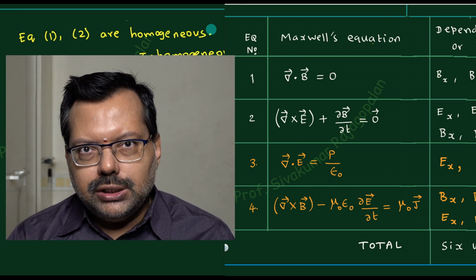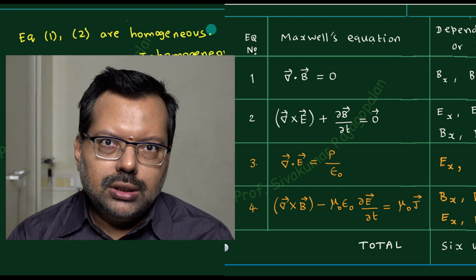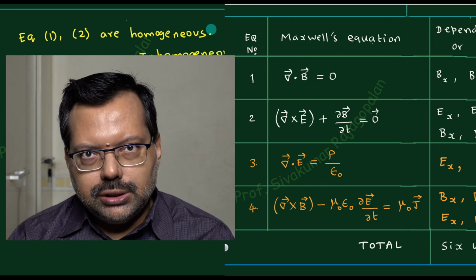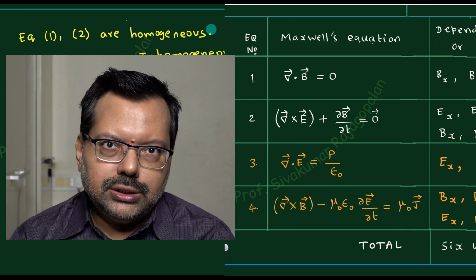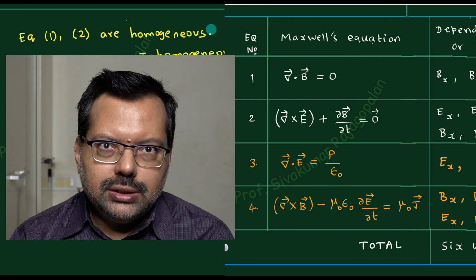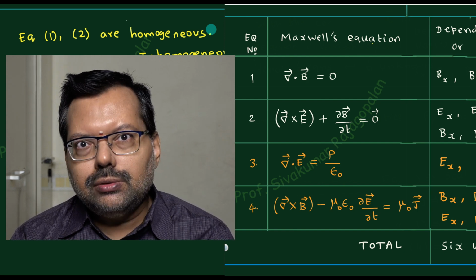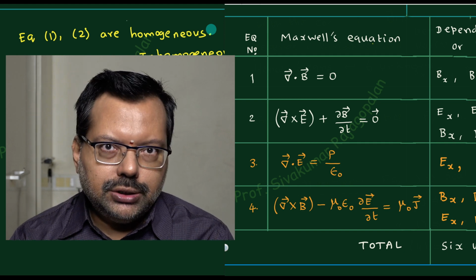So this is what is known as the potential formulation, as I already pointed out in some of the previous classes. Potential formulation means rewriting the Maxwell's equations in terms of potentials. You have two fields, right? Electric field, magnetic field. Corresponding to two fields, you have two potentials. One is the electric potential, another is the magnetic potential.